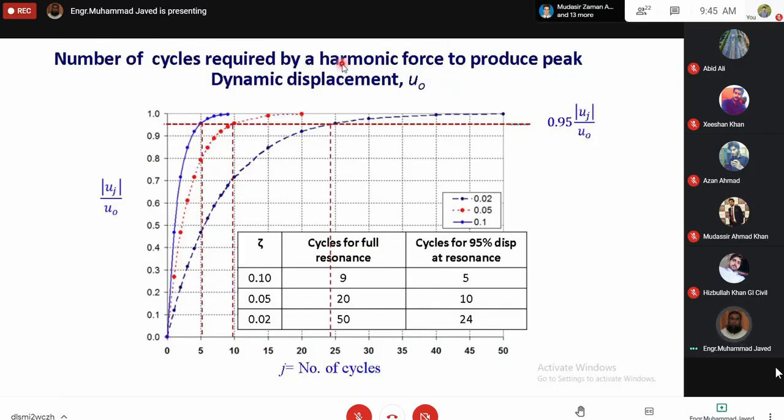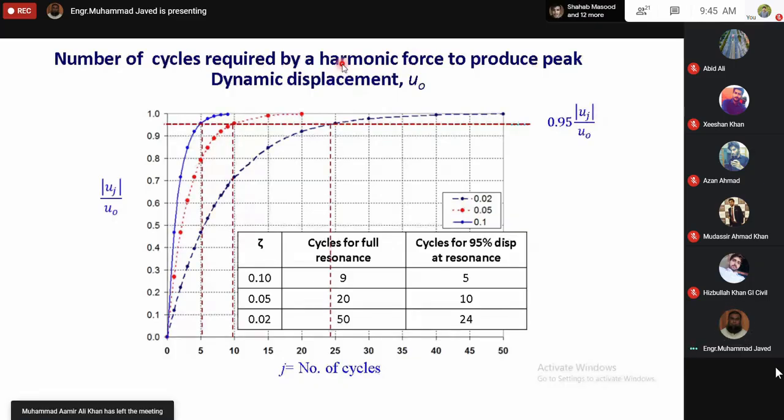Full resonance does not occur in a single cycle; rather, it takes a number of cycles to develop complete resonance, and the equations are available with the help of which we can find the number of cycles for development of full resonance.